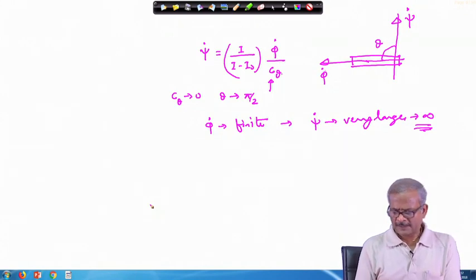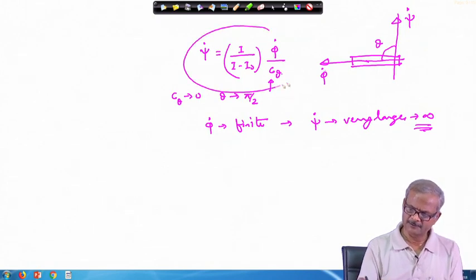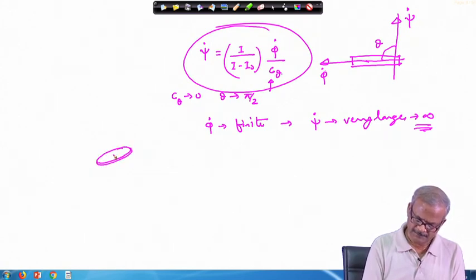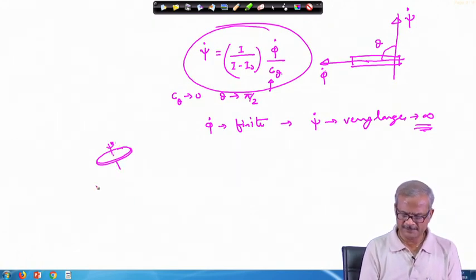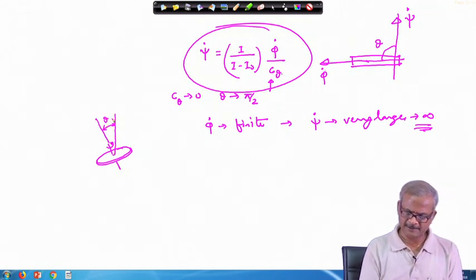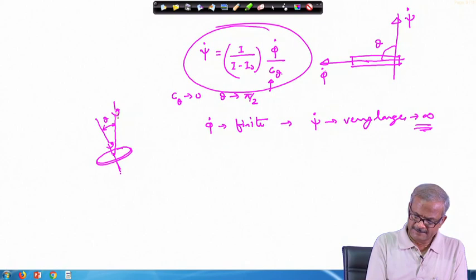Okay, and as I might have mentioned in the beginning itself, this kind of case, which is the torque free case, can be simulated for a satellite, or say you have a coin like this. If it is possible to rotate it about this axis and then toss it, making a certain angle theta with the vertical, and simultaneously it is rotating about this axis by psi dot, this is by phi dot.